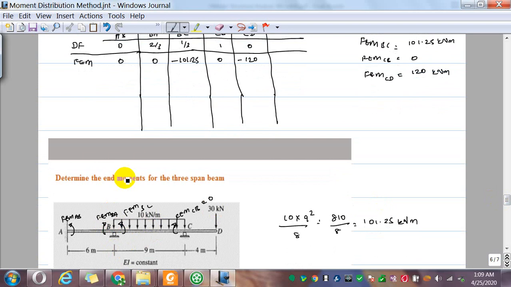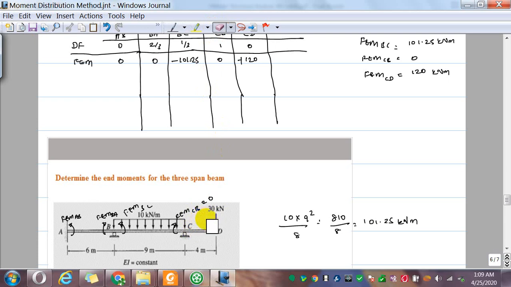So now due to the external load, this is the moment acting on this. So minus 101.25 here, and CD, due to this external load, is acting clockwise, so that is plus 120. So it is acting as a moment on point C. So these are moments due to external loads.